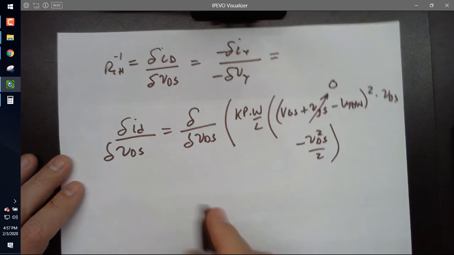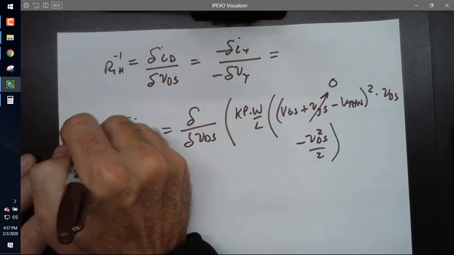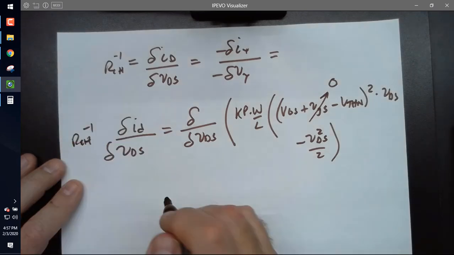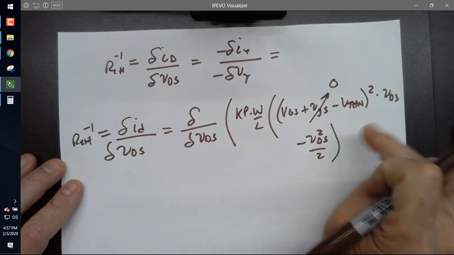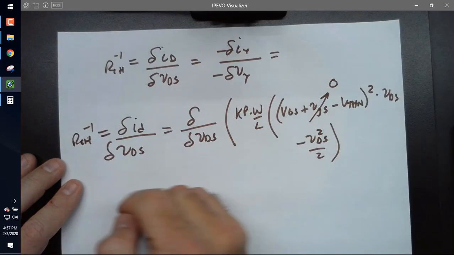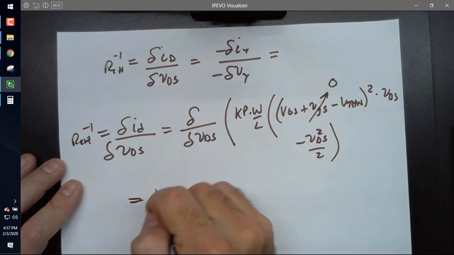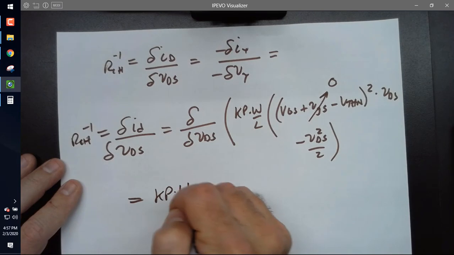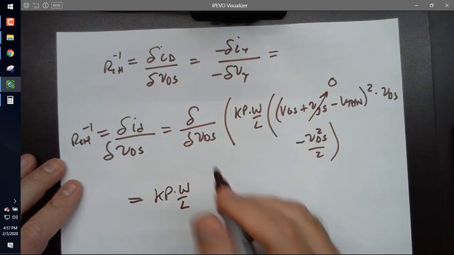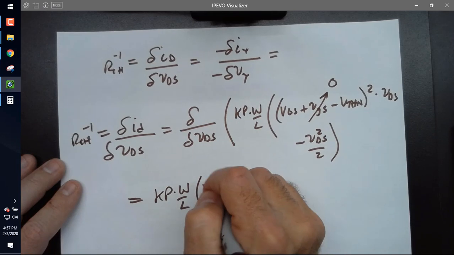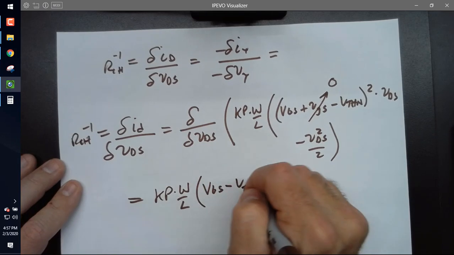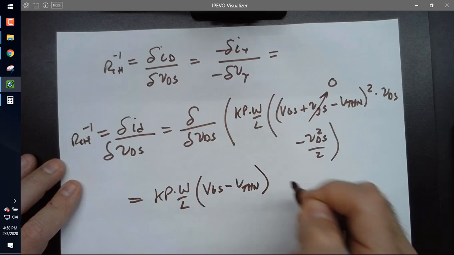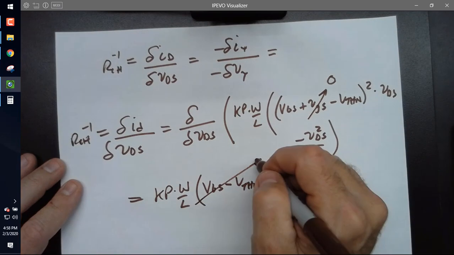And then I can rewrite this as, what's the derivative of this term with respect to VDS? Yep, VGS minus V threshold N. And what is VGS minus V threshold N equal to?